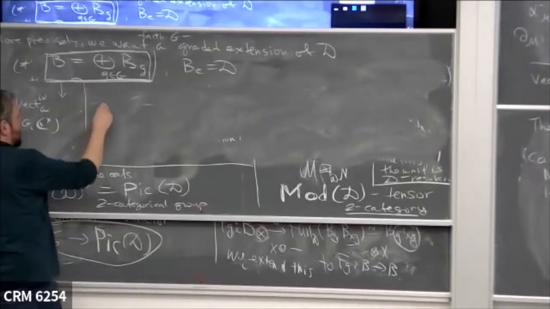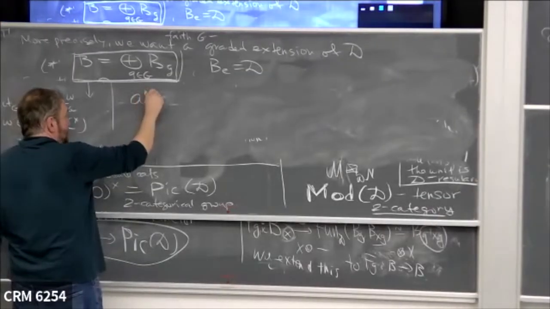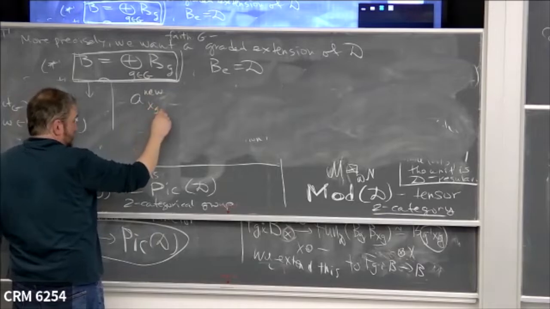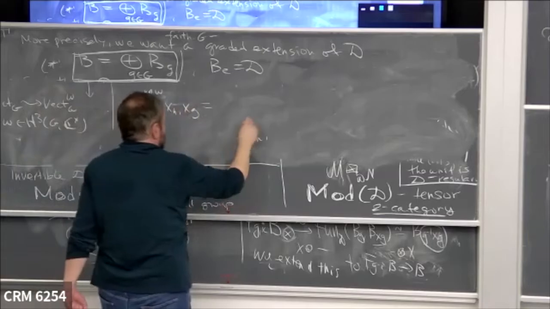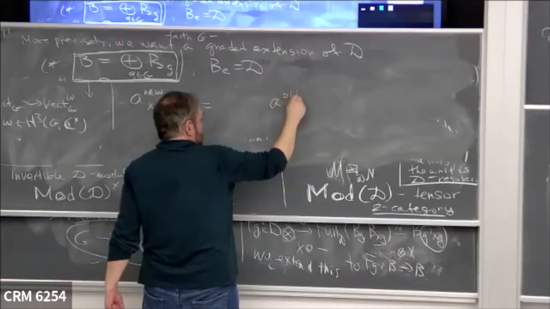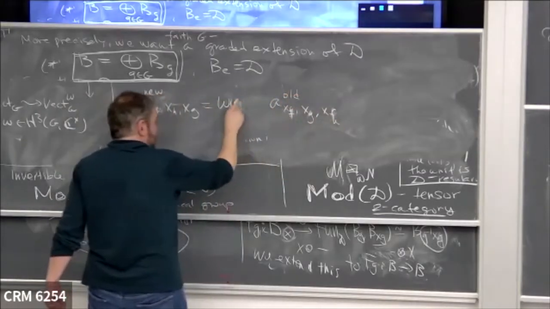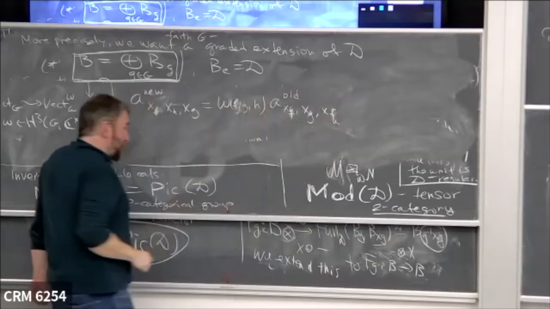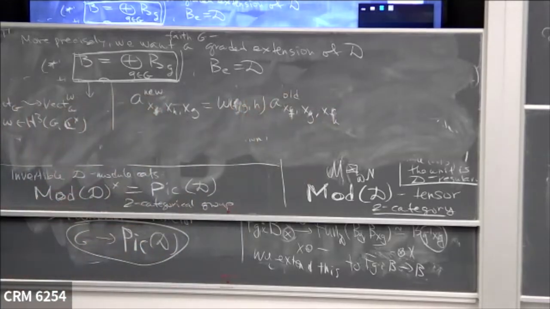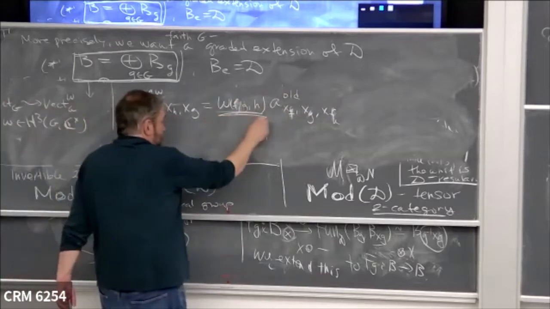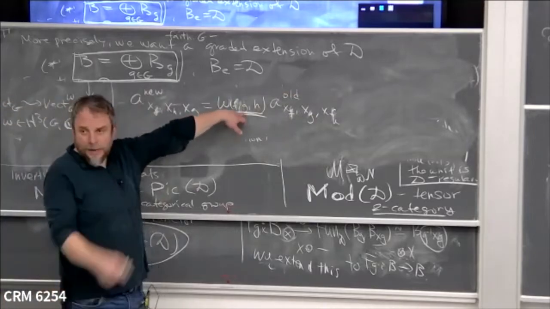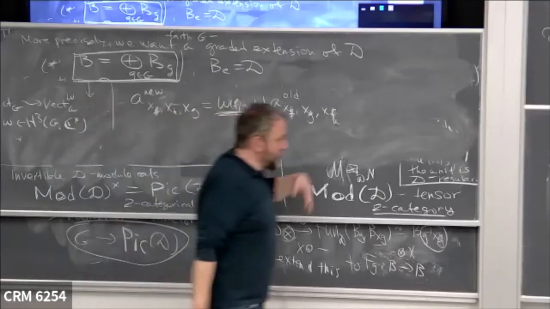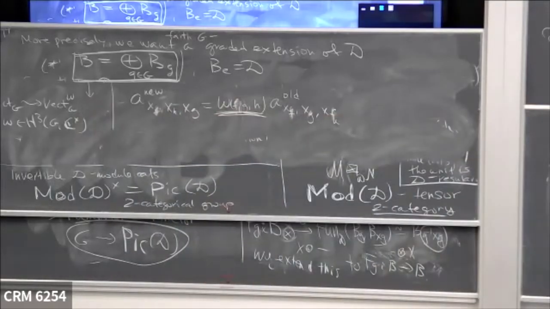So we can take the new associativity on homogeneous objects X_F, X_G, X_H to be the old associativity times this cocycle, evaluated on the degrees of the homogeneous components. The only thing required, in order for this to work, is that it has to be a cocycle, up to cohomology. So that's the appearance of this H3, and why the solution is not unique.